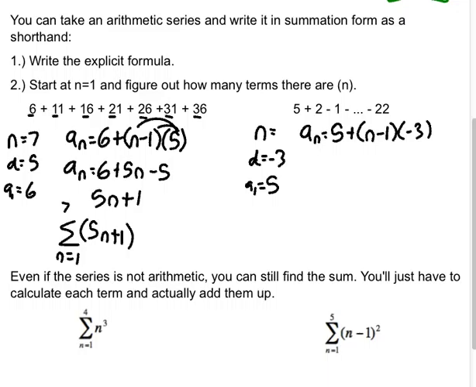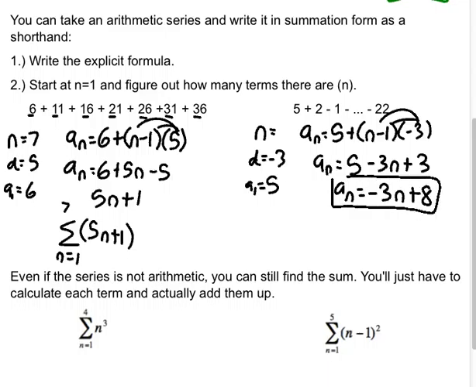So again, in an explicit formula, n is meant to be the variable. So to put this in summation notation, I do need this actually written out. Distribute that, so minus 3n plus 3. So there is my explicit formula, okay?